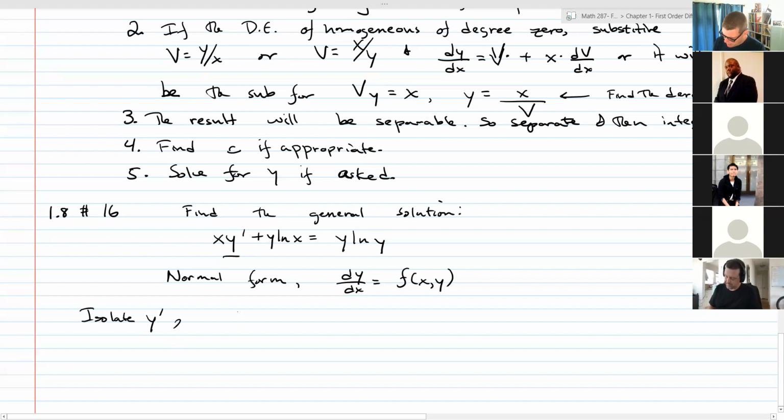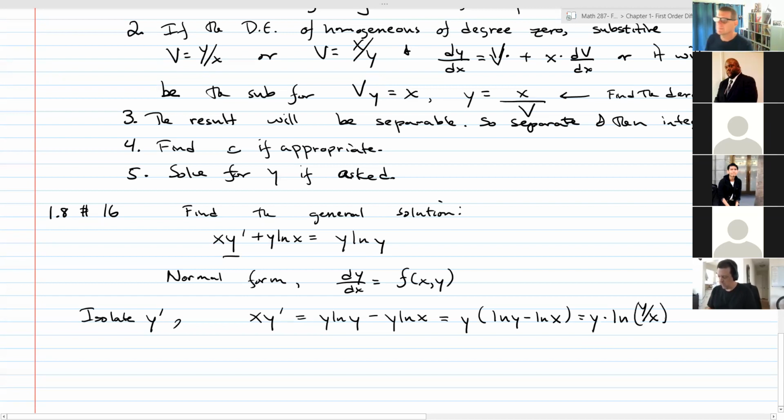Then you get xy prime equals y natural log of y minus y natural log of x. And I'm actually going to factor out that y, so it's y times the natural log of y minus the natural log of x. I'll even simplify a little bit more: y times the natural log of y over x, using our rules of exponents.